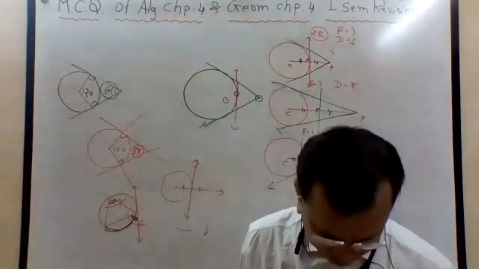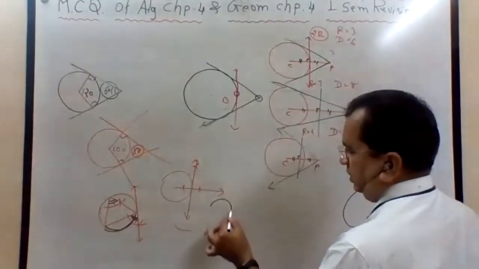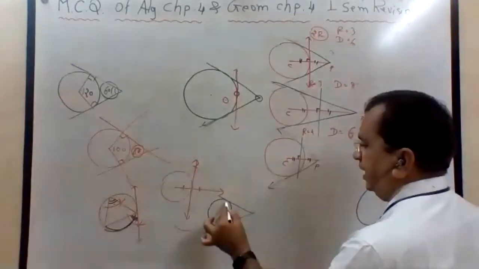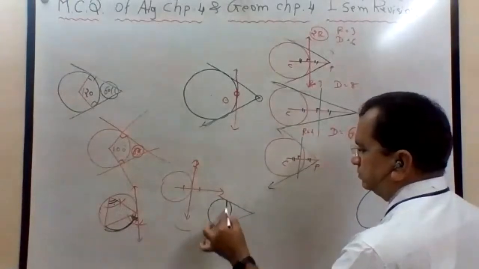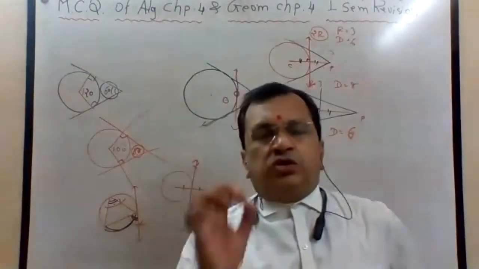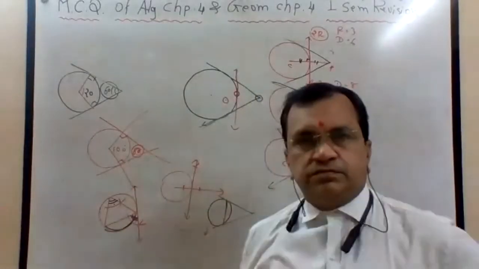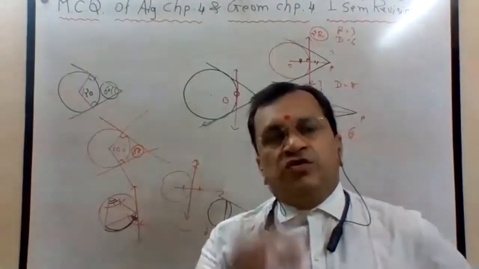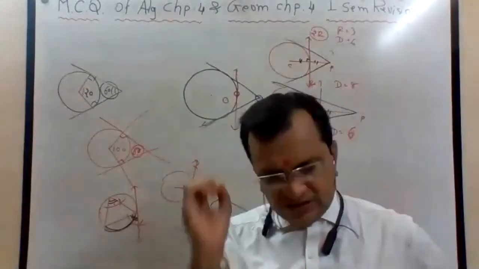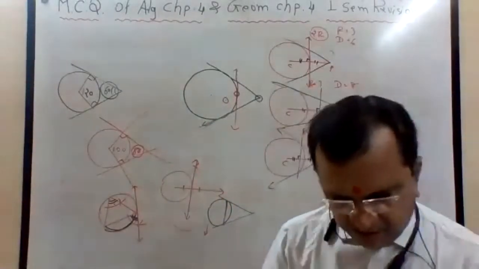Now, one very good example. Again, two tangents we are drawing from the end point of the chord. When you draw two tangents from the end point of the chord, which type of triangle is always created?